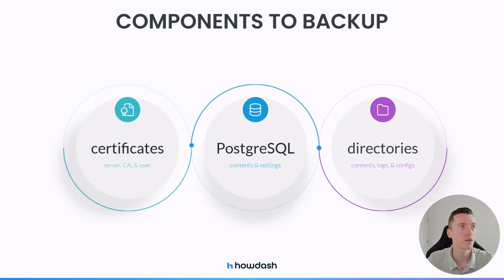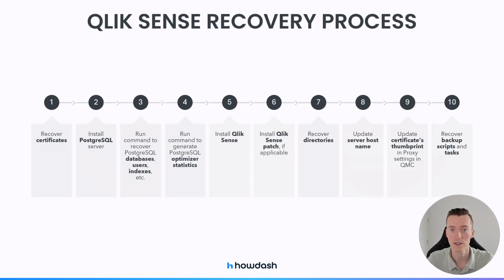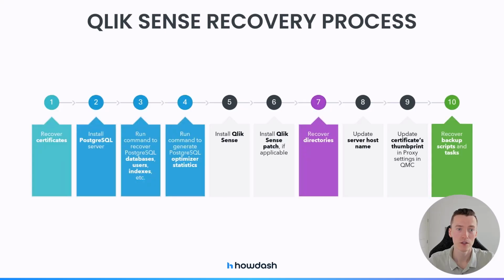Now, going back to these recovery steps, let's add some color to them to see which step is associated with which backup component. So very first one is certificates. We backed up the certificates and we recover those same certificates. This blue section here deals with recovering of PostgreSQL server.